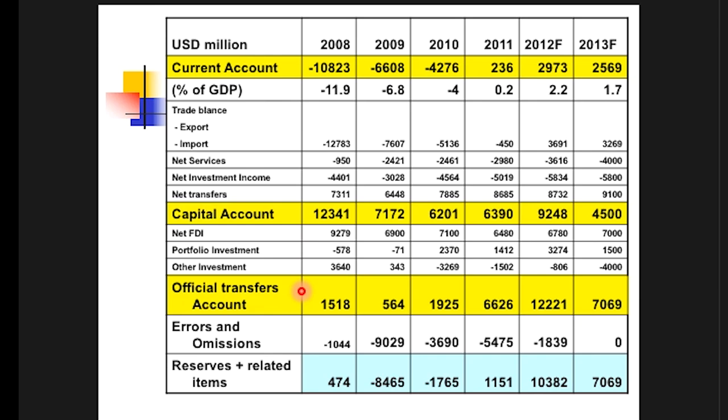And finally, the balance of payments has a surplus.